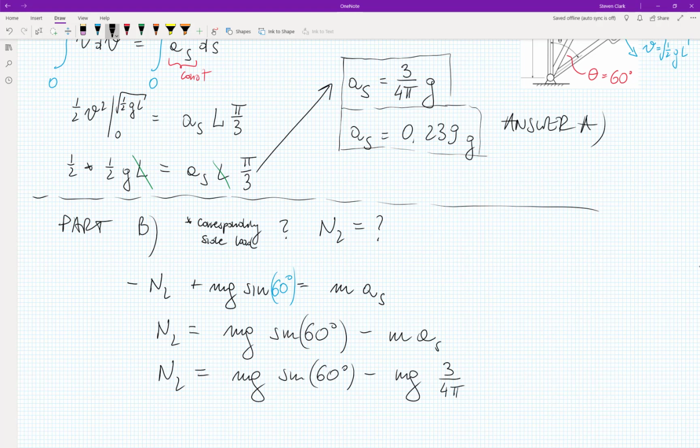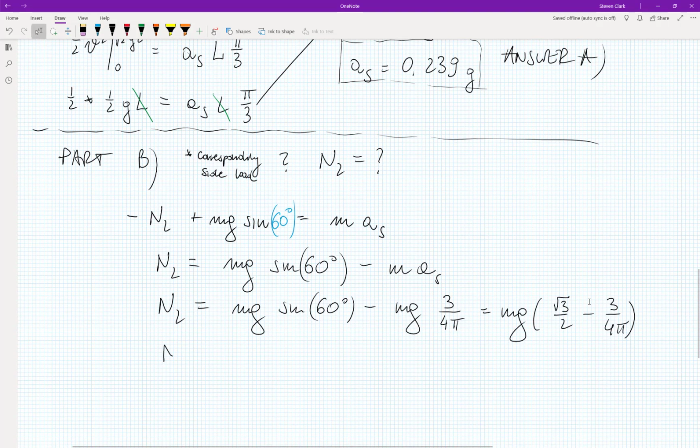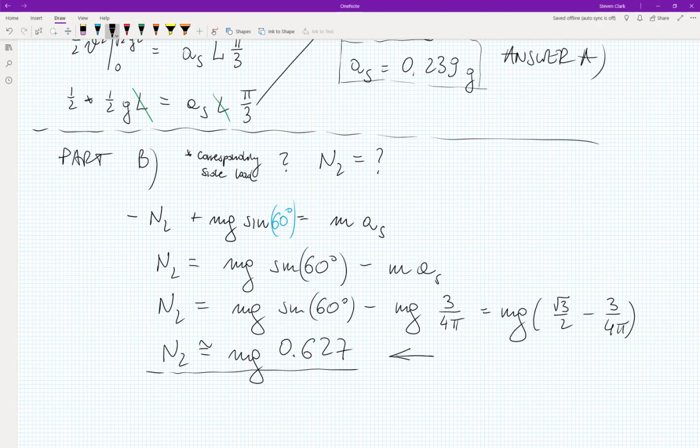Okay, so you can actually end up with such expression: mg times square root of 3 over 2 minus 3 divided by 4 pi. If you wanna, you can leave it like that, but if you wanna grab your calculator and simplify it, N2 will be approximately mg times 0.627, I believe. Yes. This is answer B.